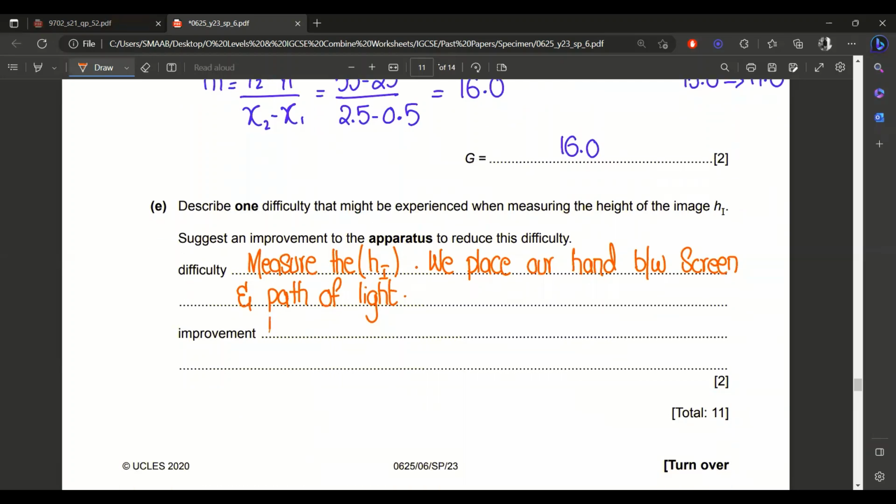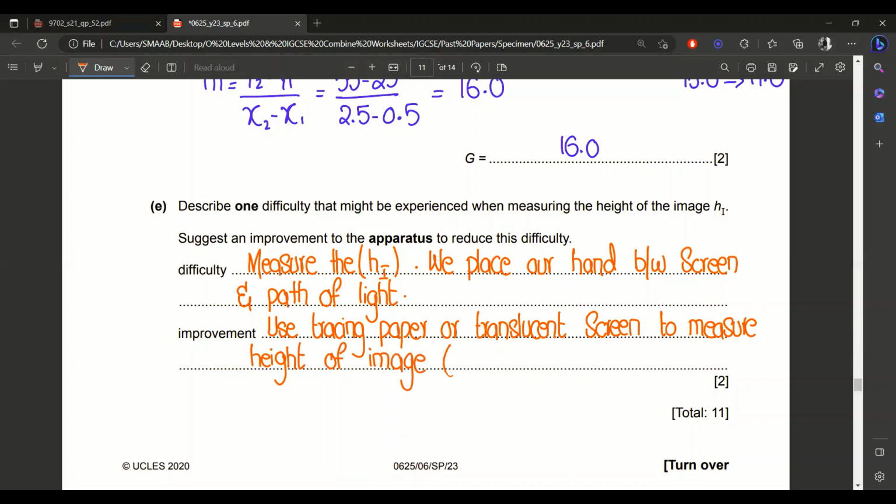So we have to use a tracing paper or any type of translucent screen to measure the height of the image, that is HI. That is the improvement.